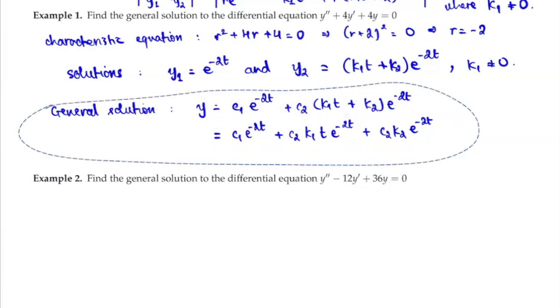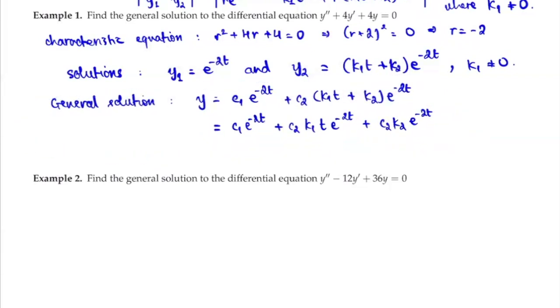So you have (c1 plus c2 k2) times e to the -2t plus c2 k1 times t times e to the -2t. Why do I do that? Again, to reduce the form of the solution. Remember, c1, c2, k1, and k2 are just arbitrary constants. Therefore, c1 plus c2 times k2 is going to be another arbitrary constant, so I'm going to use capital A1.